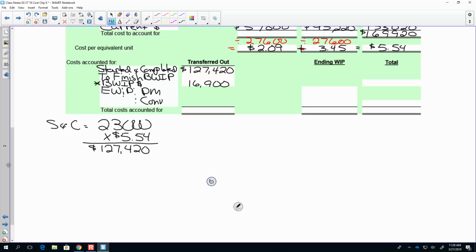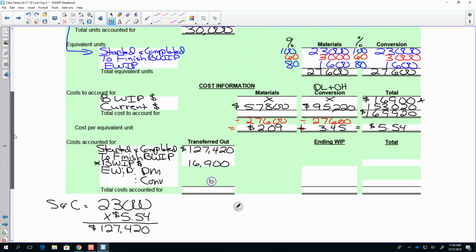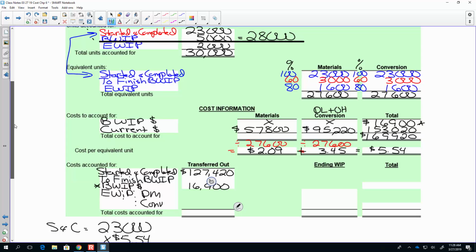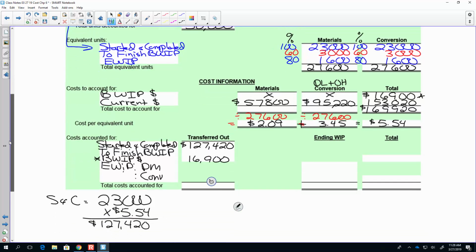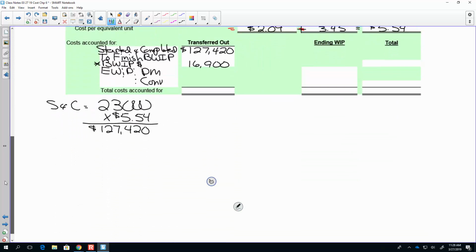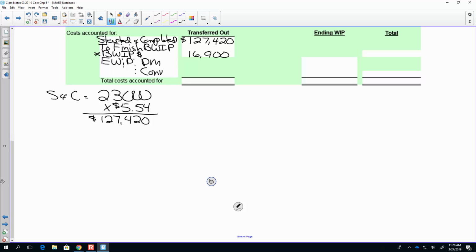Okay, now I'm at to finish. What number am I going to grab here? Not the 5, the 3,000, right? 3,000 of effort times what?